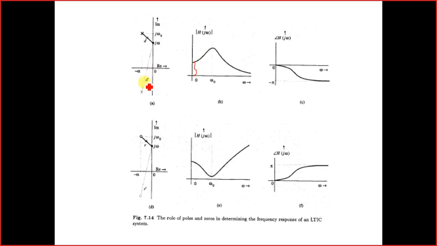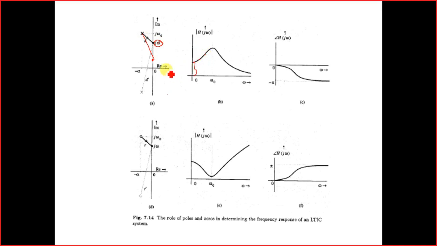Okay, then next what would happen? As you move to this position, the distance reduces. So what will happen to the amplitude? It will increase. Again, as you come to this point, it will again increase.